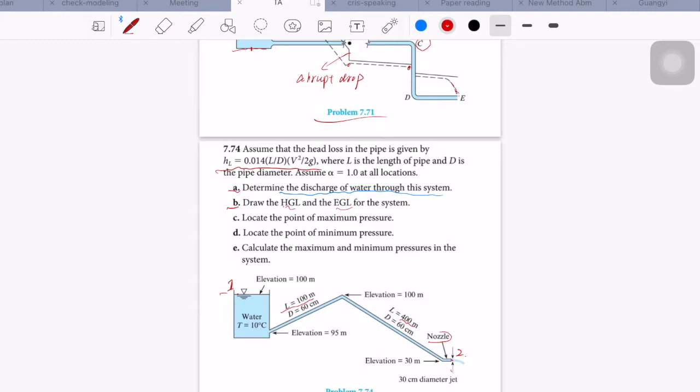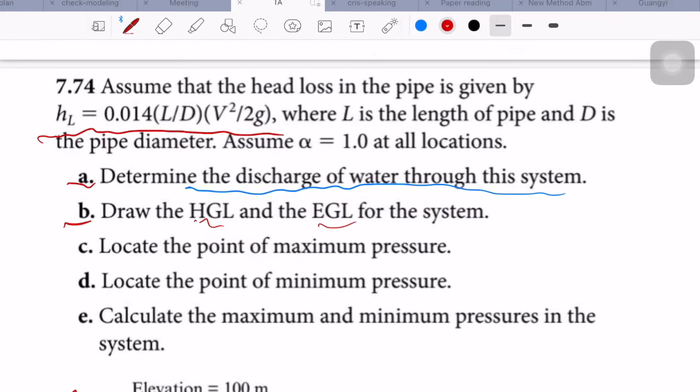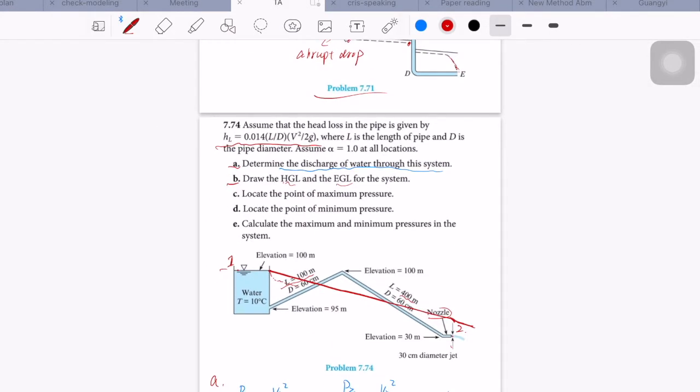So this is the EGL, and this is the HGL.